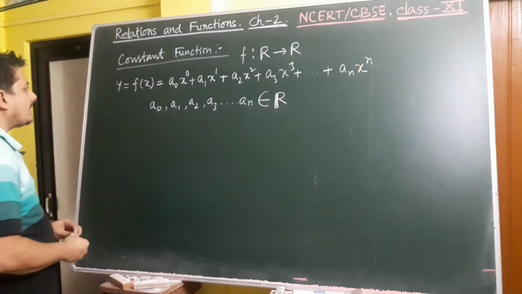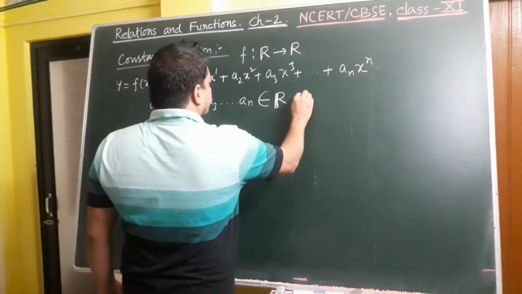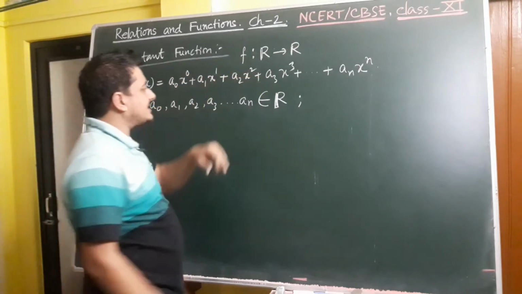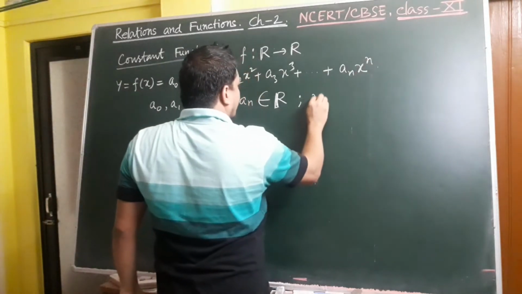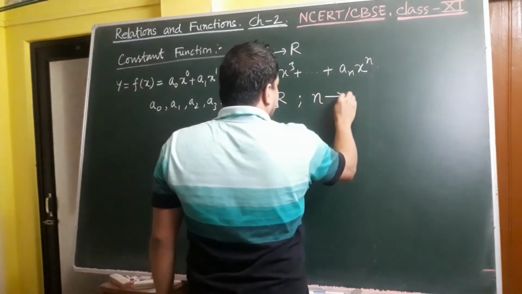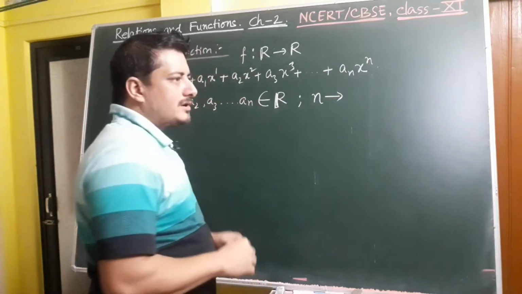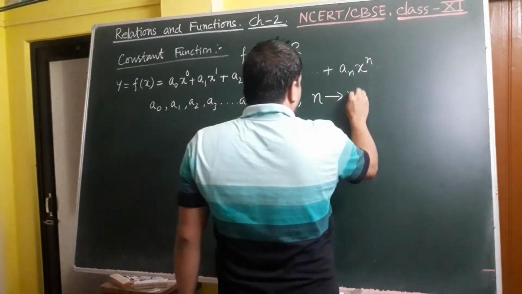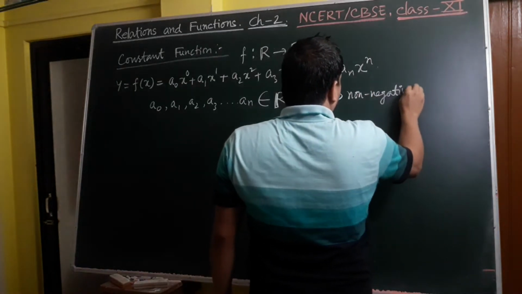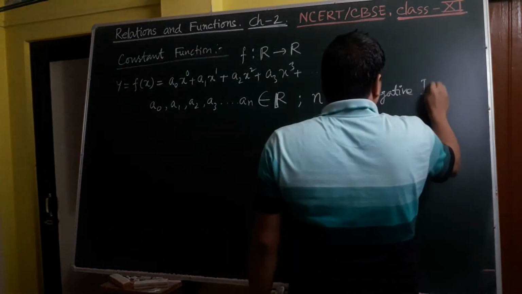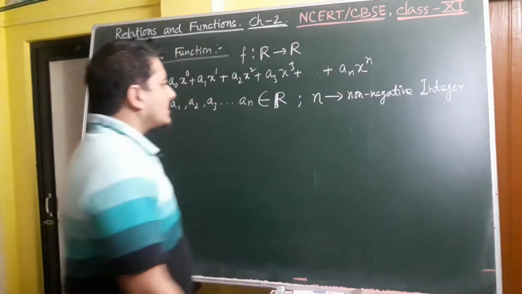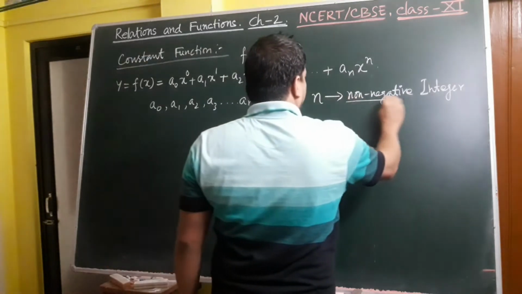What is n? n means the powers, 0, 1, you can see here. All the powers, 0 to n. This n is nothing but a non-negative integral power, or you can say a non-negative integer. Why is it non-negative? Can I write positive here?